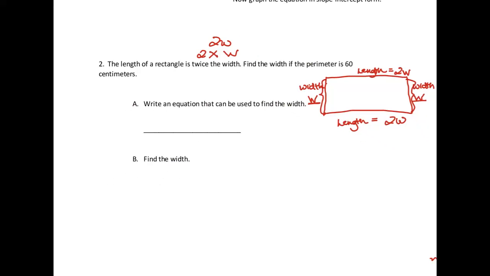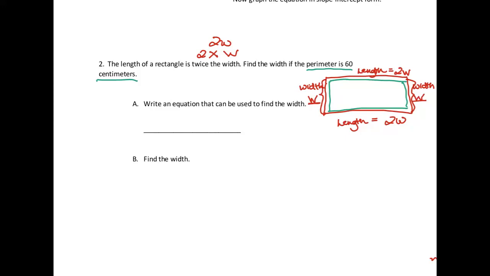Find the width if the perimeter is 60 centimeters. Perimeter. Now, that might be one word you're not quite as familiar with, or maybe you've forgotten what it is. Anybody remember how we find perimeter? Add up all the sides. So we would add the length of this side, this side, this length and this length.